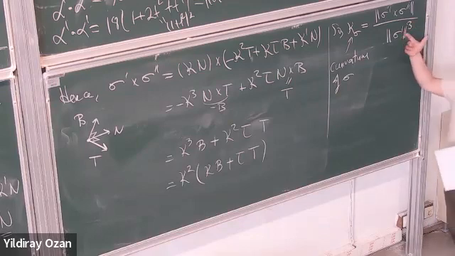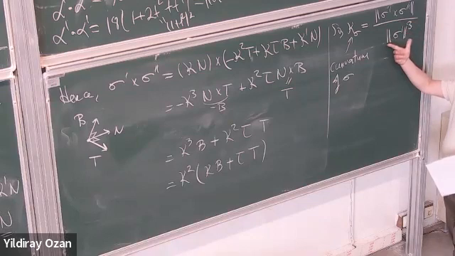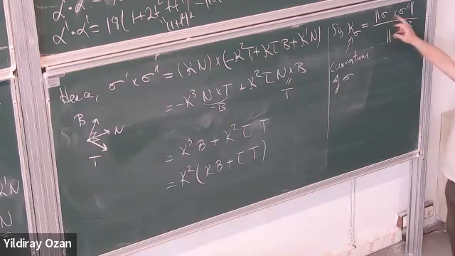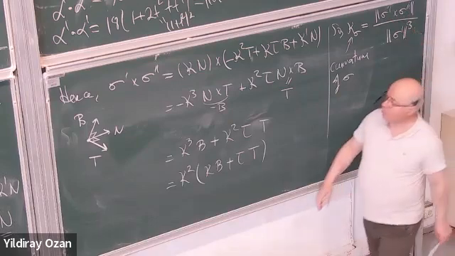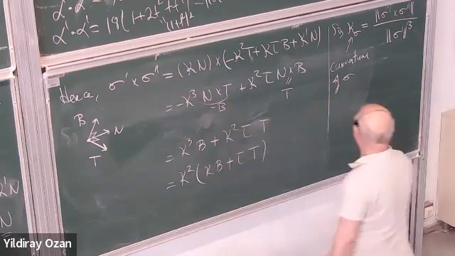For an arbitrary regular space curve, the curvature was the norm of alpha prime cross alpha double prime divided by the norm of alpha prime cubed.